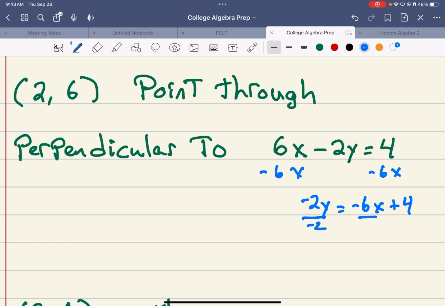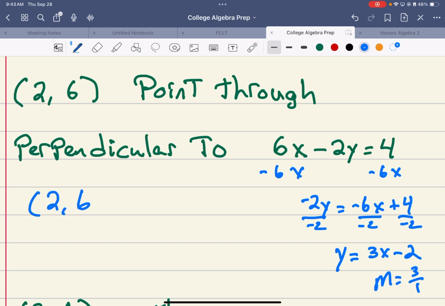Now I'm going to divide by negative 2. And I divide everything by negative 2. So that's y is equal to 3x minus 2. So the slope of this one is 3 over 1.